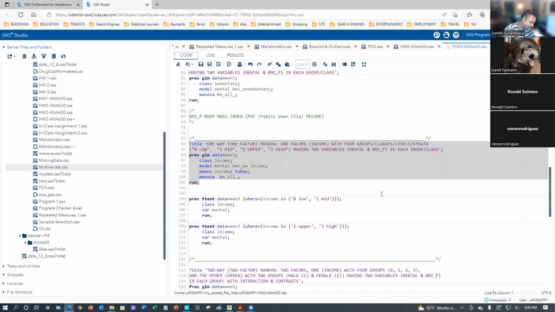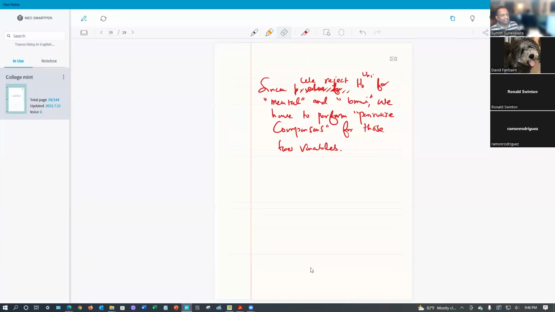We have to perform pairwise comparison, two at a time, for those 2 variables. Since we reject H naught uni for mental and BMI, we have to perform pairwise comparison for those 2 variables.